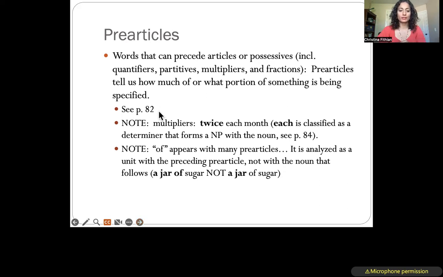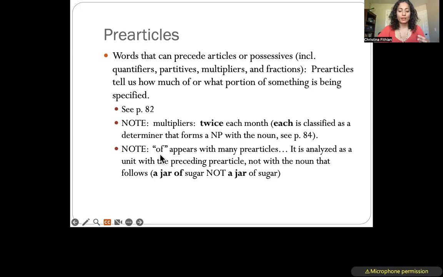Oops, I forgot to take the page number off there. So, for example, let's look at multipliers. We visit twice each month. Twice, in this case, is a multiplier, and it tells us how often we visit. Now, in this case, we're going to label this as a prearticle.